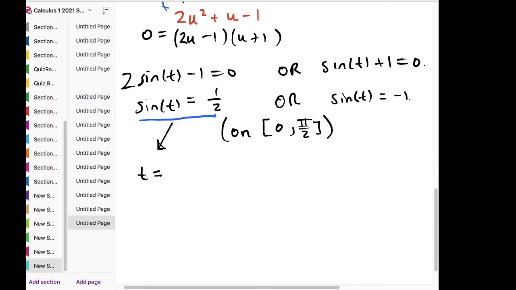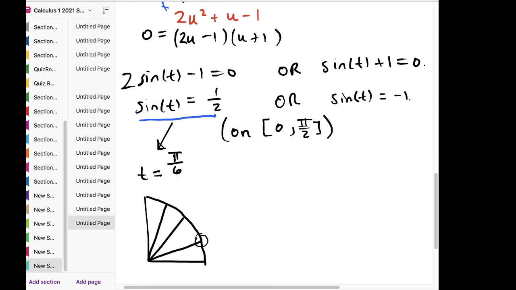So what angle gives you the smallest sine, smallest y value? That's not 0, of course. Yes, pi over 6. The first nice angle gives you pi over 6.